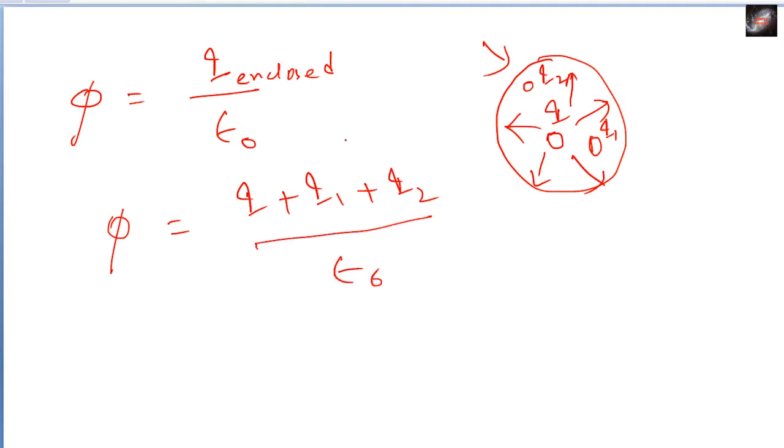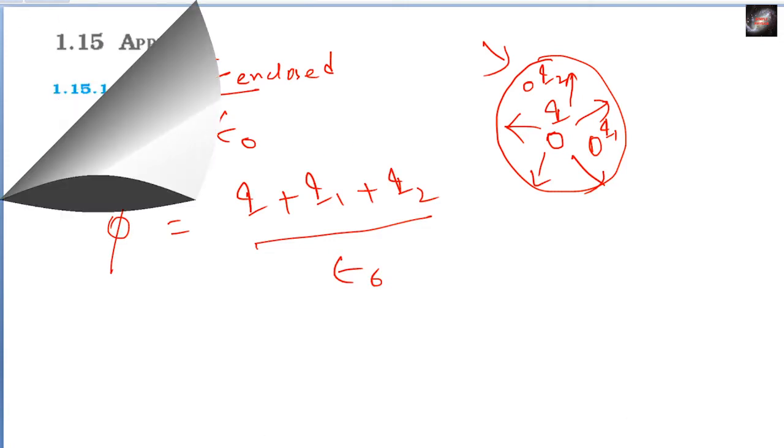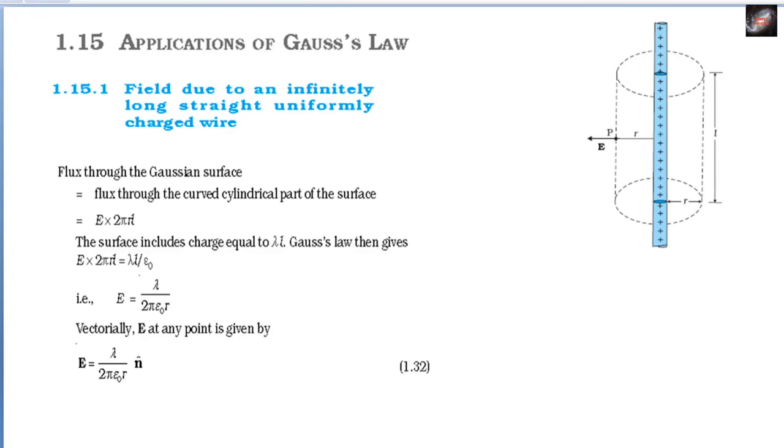Now we shall apply Gauss's law to determine the electric field. You have to remember that determining the electric field by using Gauss's law is applicable only in symmetrical cases. सिर्फ symmetrical case पर ही Gauss's law को apply करके हम electric field को calculate कर सकते हैं.